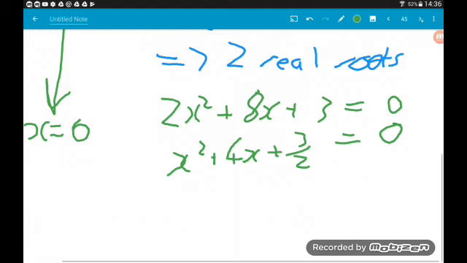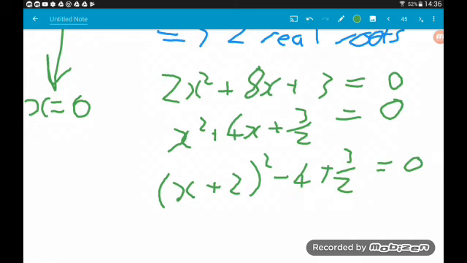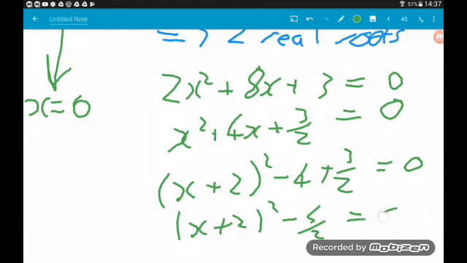Now if we complete the square, we would get x plus 2 squared minus 4 plus 3 halves is equal to 0. Now that's going to give us x plus 2 squared, minus 4 plus 3 halves is, well, minus 4 is minus 8 halves. So we got minus 8 halves plus 3 halves. That's going to give us minus 5 halves, like that. So that's equal to 0.